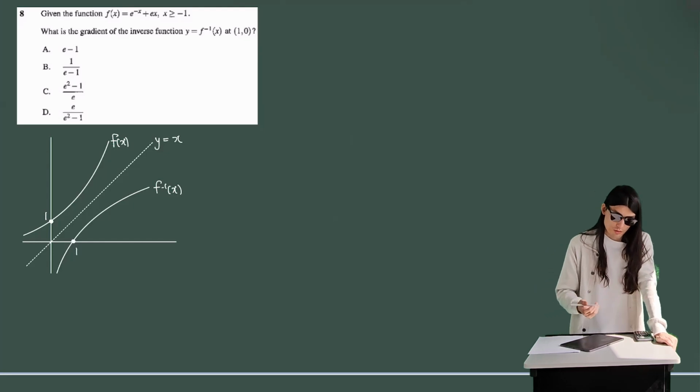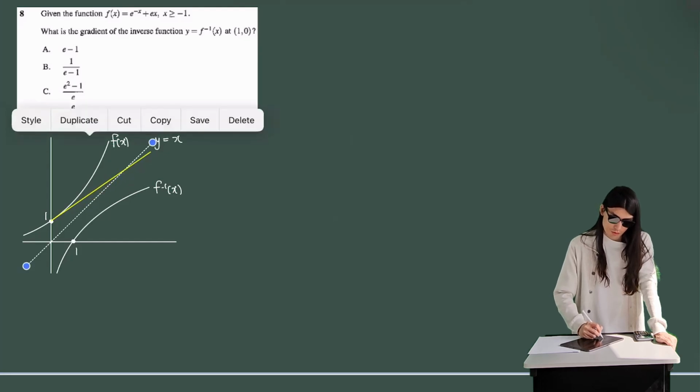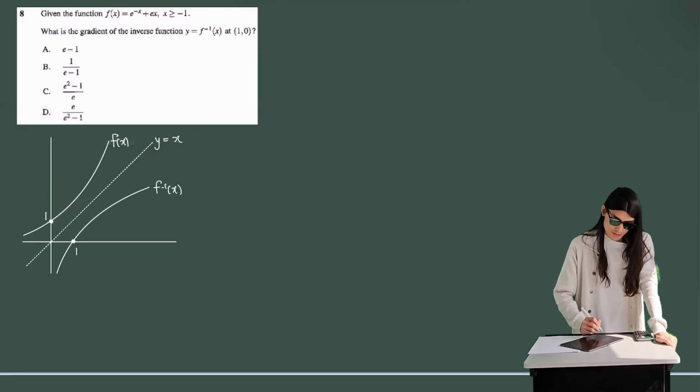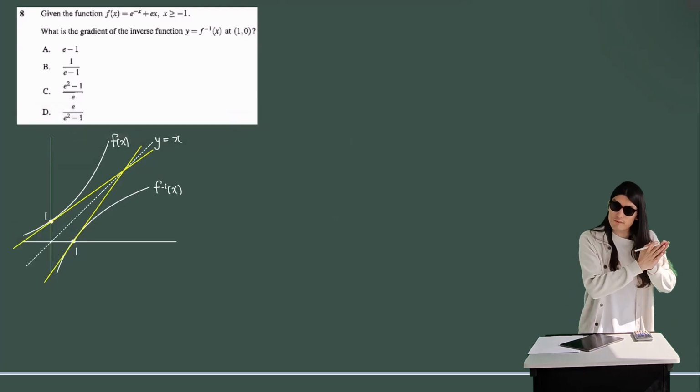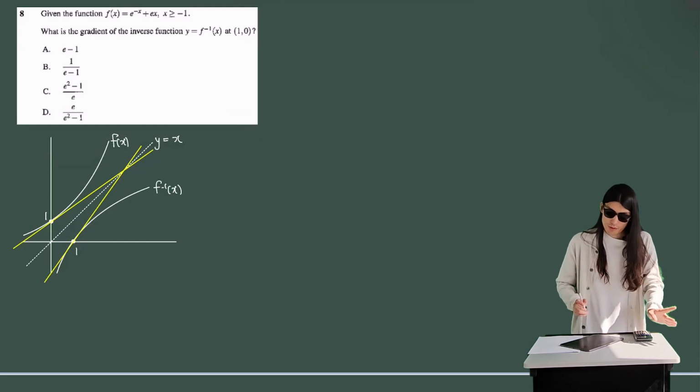Okay? And what you learn about these points, you call them corresponding points, but on top of that, what you learn is that the gradients at these points, that I'm trying to represent right now using tangents, at these corresponding points on a function and its own inverse function are actually reciprocals of each other.